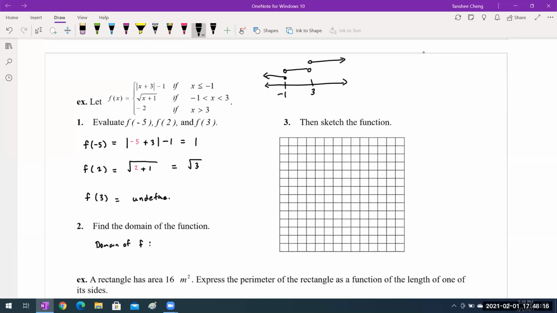Together, -1 is filled in by the inclusive part already. So we are talking about simply from -infinity to 3, not including it, and then all the way to positive infinity. So the domain is the entire real numbers except just 3.